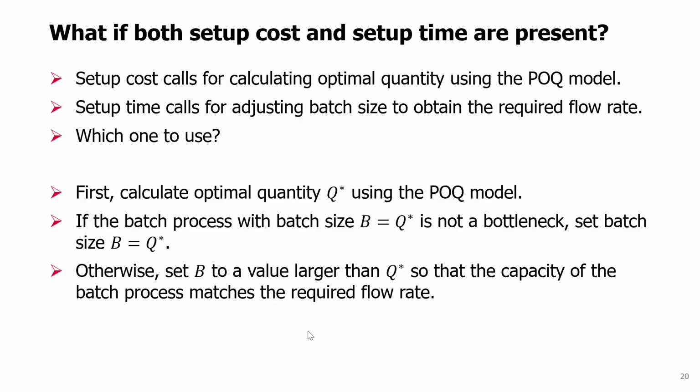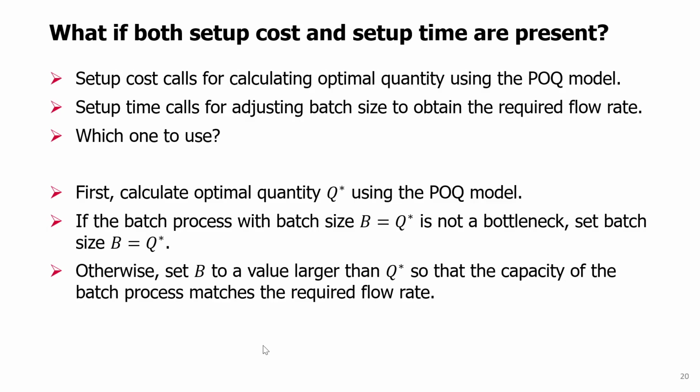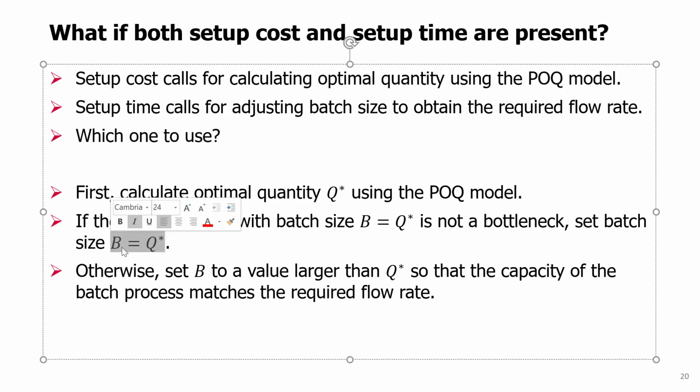If you have the costs of ordering and holding, you can try and optimize them by using the POQ model, so finding the quantity Q star using the POQ model. And if you now assume the batch size B is equal to Q star, and you find out it is not a bottleneck, then you can set the batch size to B equals Q star.